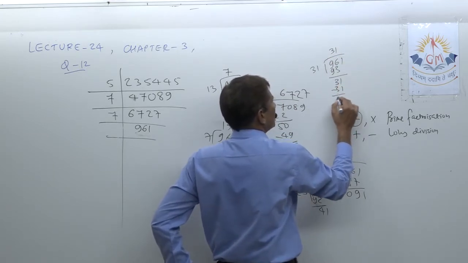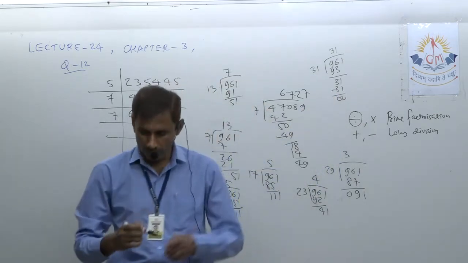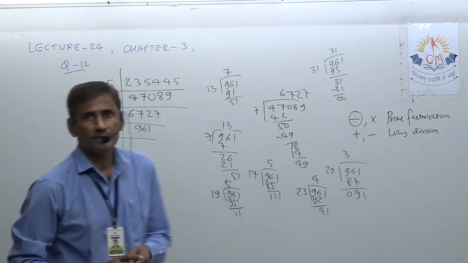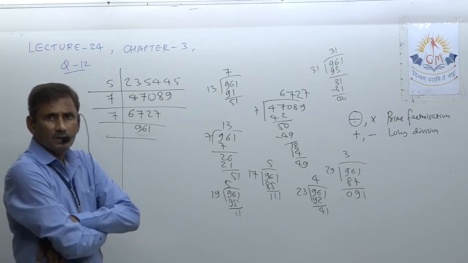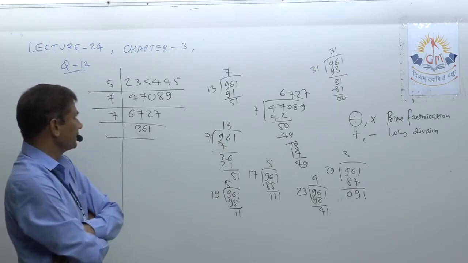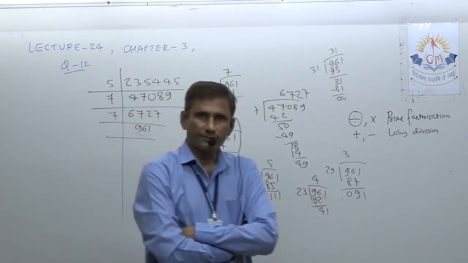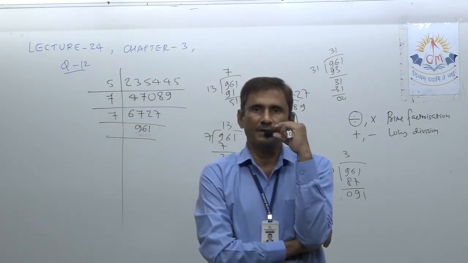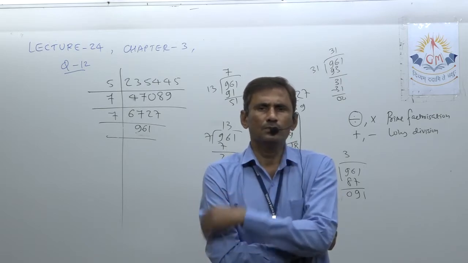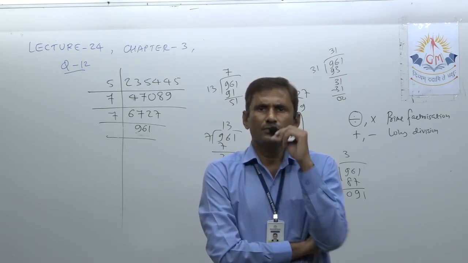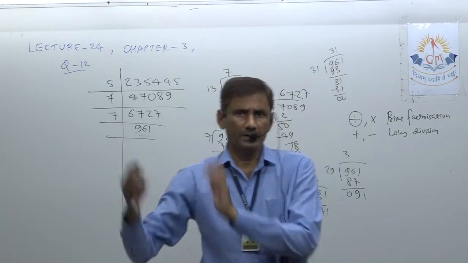So understood? By going this far we got it. So it is actually 31 square. We don't know the squares beyond 25 by memory. So that way you have to go ahead and ahead.